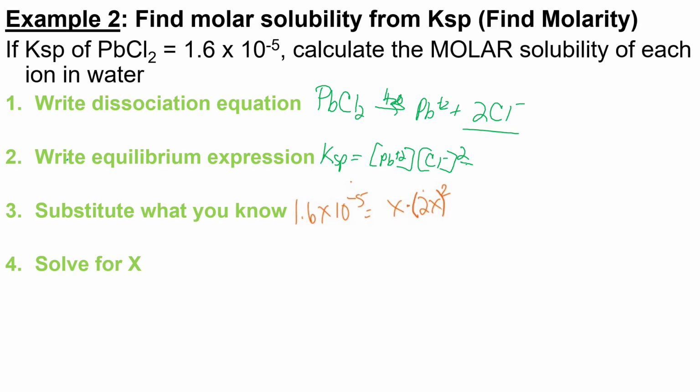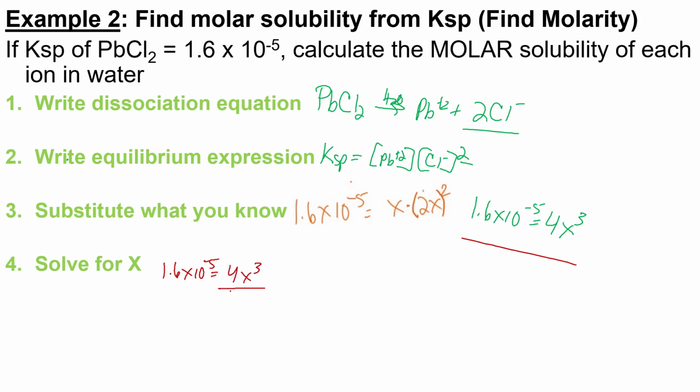So to simplify that, that is going to look like 1.6 times 10 to the minus 5 equals 2 squared is 4, x times x squared is x cubed, so it's going to get me 4x cubed here. We are now going to solve for x. So I have 1.6 times 10 to the minus 5 is equal to 4x cubed.